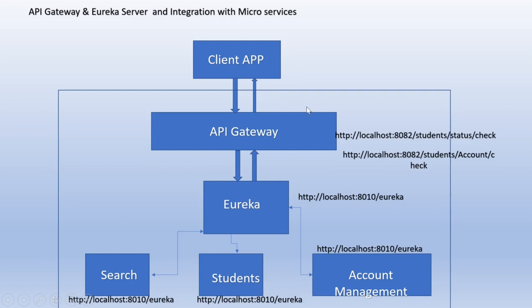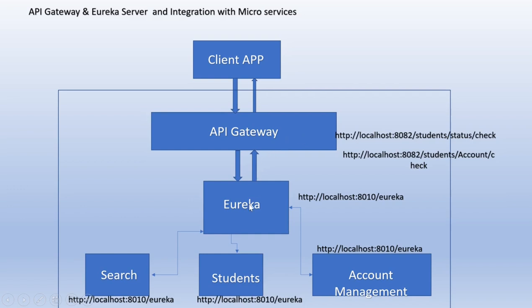So the client app will request; he is looking for slash student status check. He comes up with the URL, this one, student status check. So the API gateway will understand, take that request, and ask Eureka. If the client app is asking for a student status check, then it will go to students.